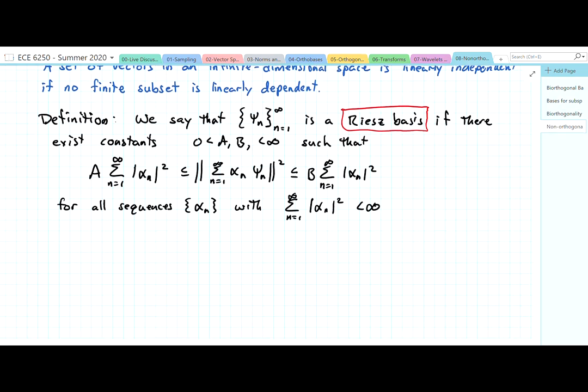So, in this case, if we have an orthonormal basis, then A is equal to B is equal to 1.